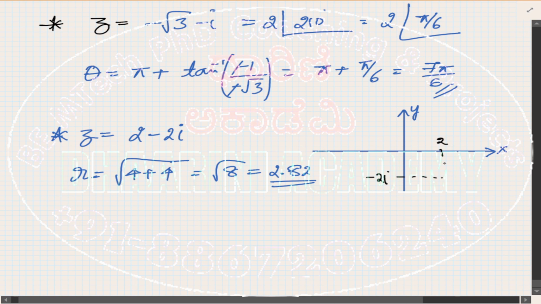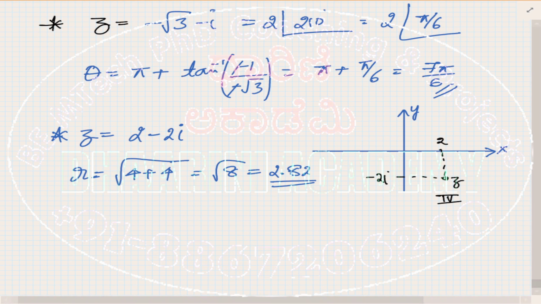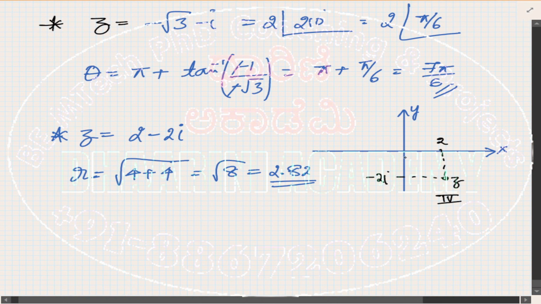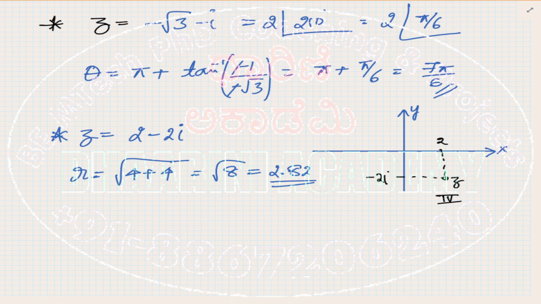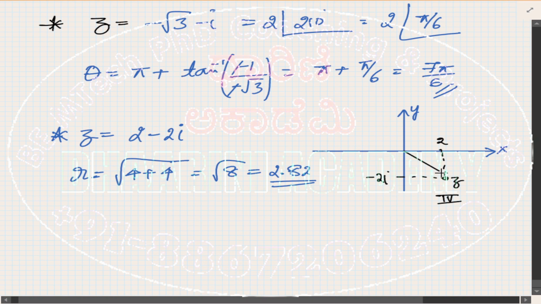So see that this is the given z, and this lies in the fourth quadrant. If you make a connection like this, I know that the theta, whatever you measure, is itself the direct answer, but it's actually going in the opposite direction. So this is a negative theta.